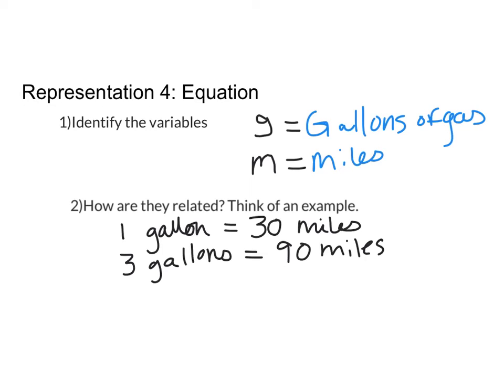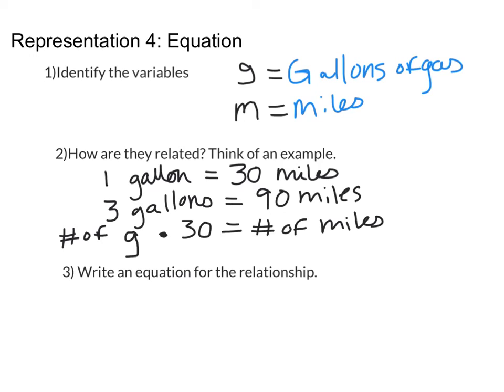We're trying to think about what's happening there. Well, it looks like we're taking the number of gallons and we are multiplying by 30 to get the number of miles. We're taking the number of gallons times 30 to get the number of miles.